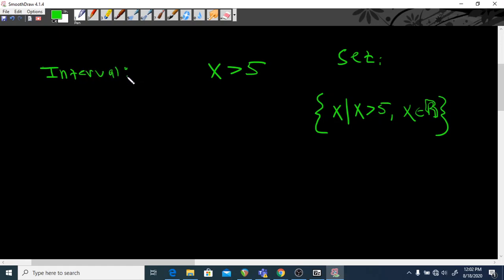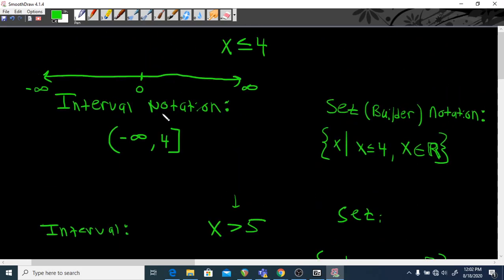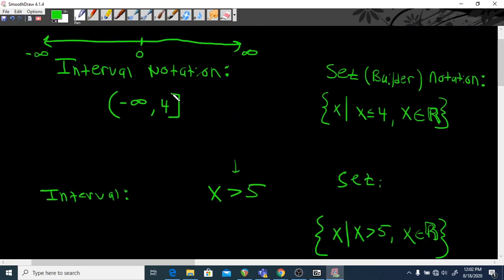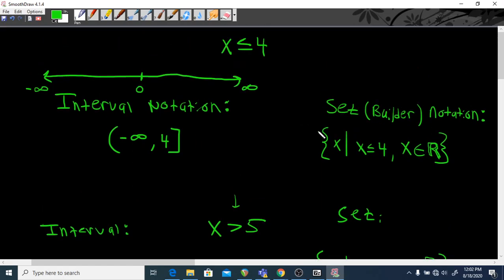we're talking about all the numbers bigger than 5. Now be careful, this one does not have greater than or equal to, it's just greater than. So that means we cannot include the number 5. And if we look up here, I used a bracket to indicate that we could in fact use 4, because the first statement was that x is less than or equal to 4.